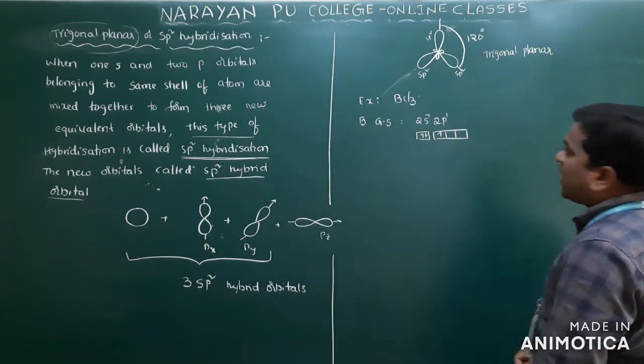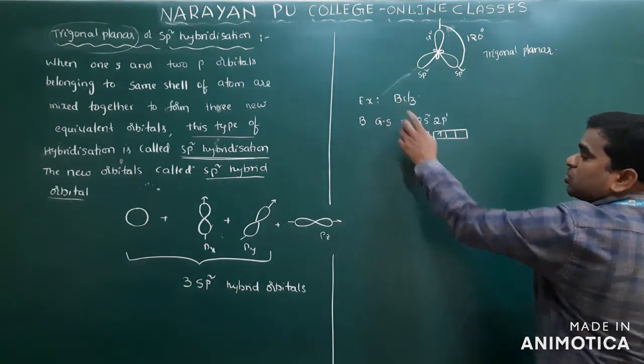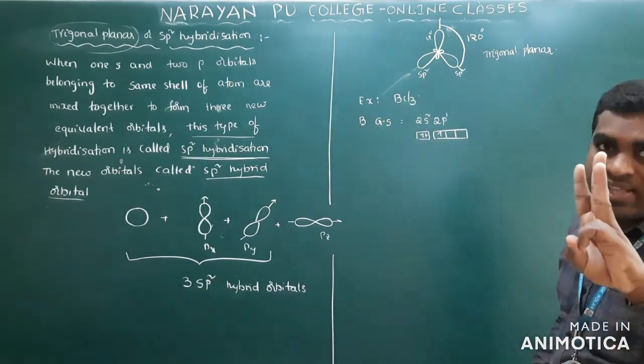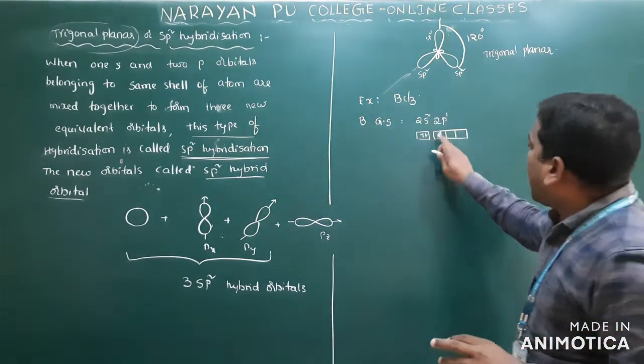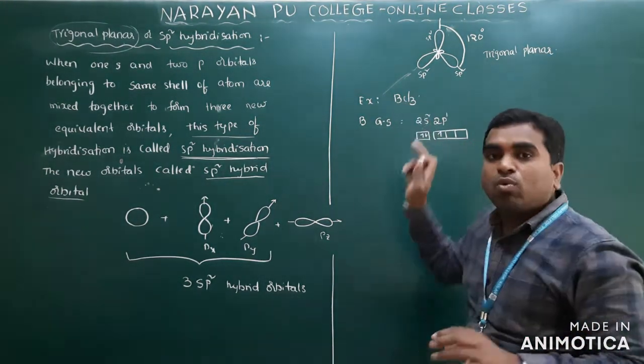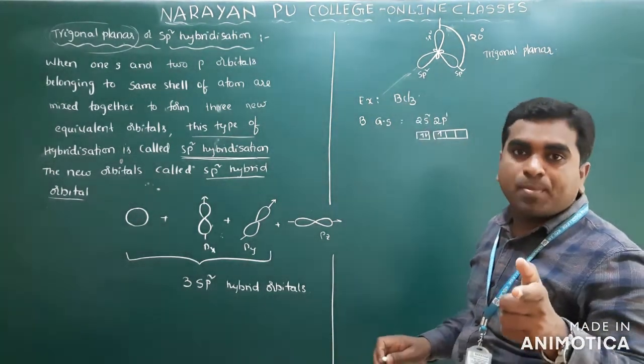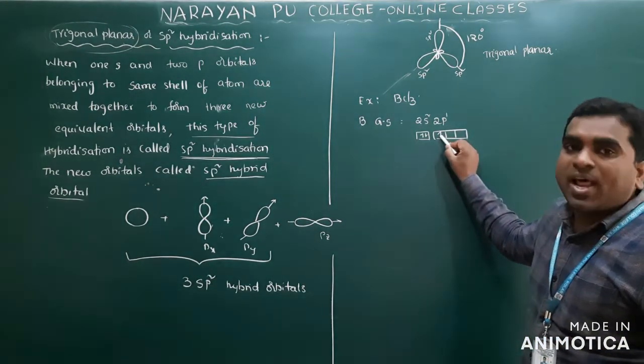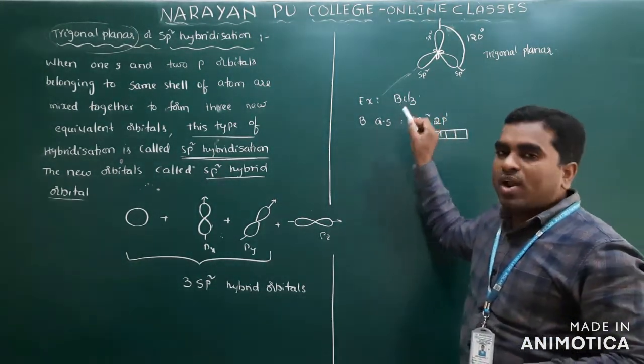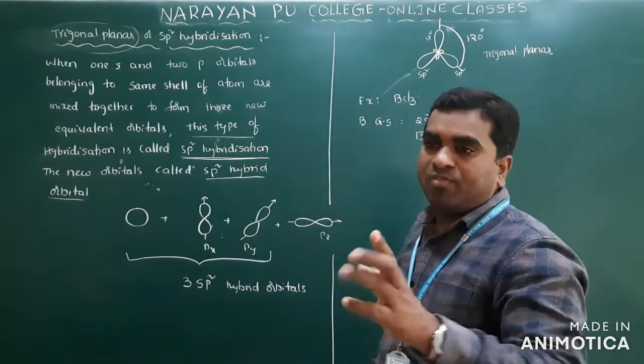But to form 3 bonds, boron should have how many unpaired electrons? 3 unpaired electrons, because only unpaired electrons are involved in covalent bond formation. So it has only 1 unpaired electron, meaning boron can form only 1 bond with chlorine.